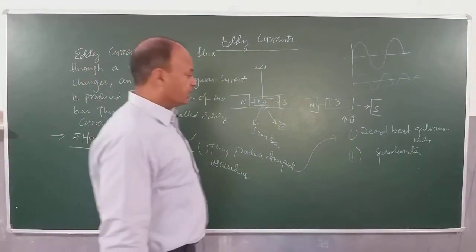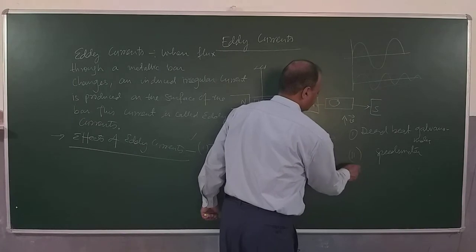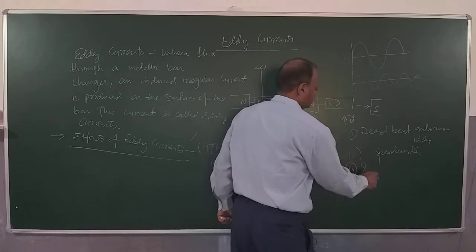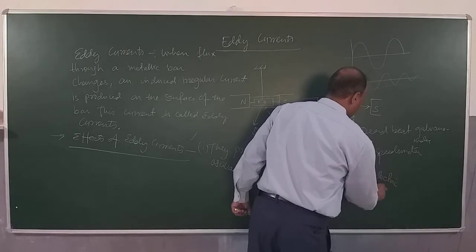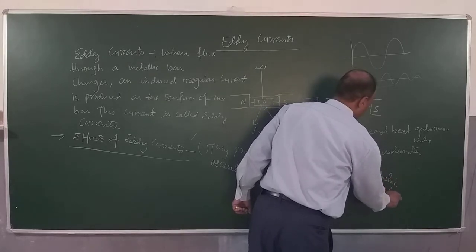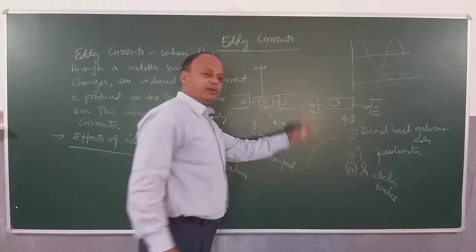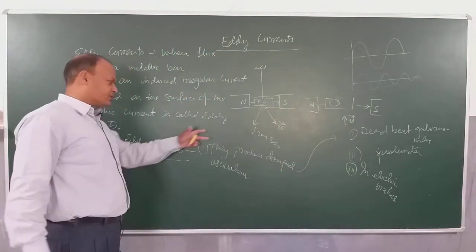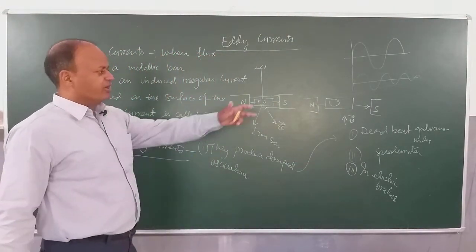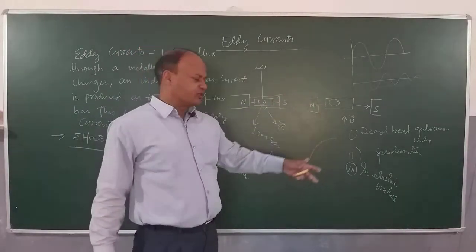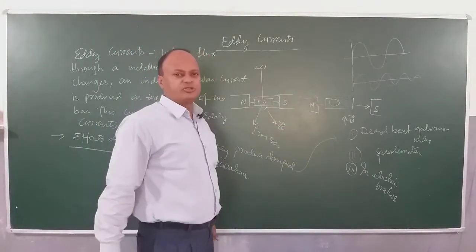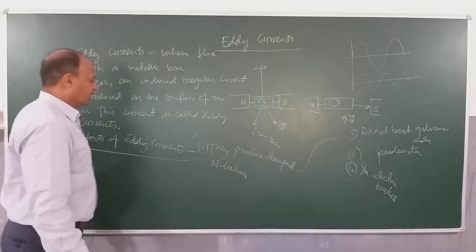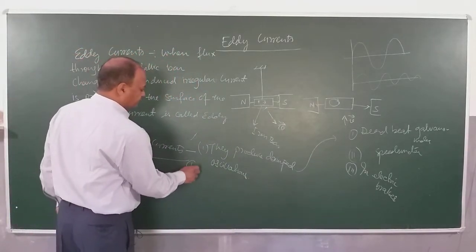Also in electric brakes. So they have applications also of this property. They produce damped oscillations. Deadbeat galvanometers are using it, then speedometer is using it, and electric brakes also using it. Clear?